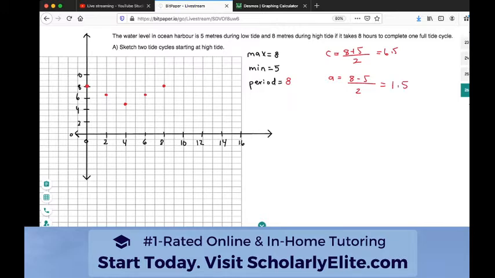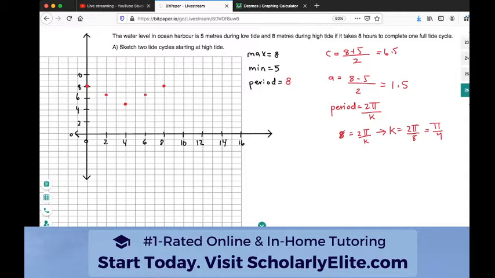And then we can solve for K. So we've got our period equals 2 pi divided by K, which is going to be 8 equals 2 pi divided by K, and then this just becomes K equals 2 pi divided by 8, which is pi over 4.